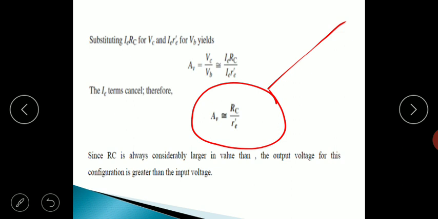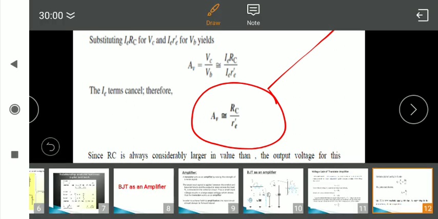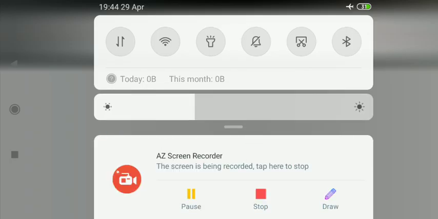I hope, dear students, you understood the working of BJT amplifier and also the derivation of BJT amplifier's voltage gain, which is given by AV is equal to RC by RE dash. With this, we'll close the discussion on BJT amplifier.